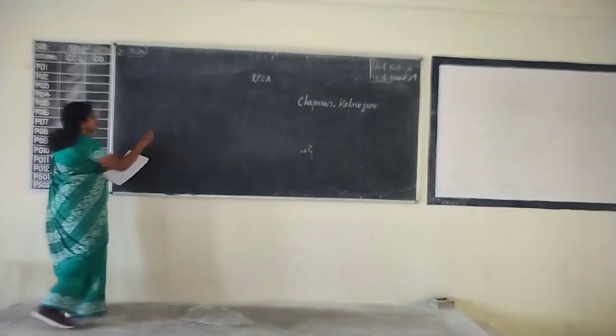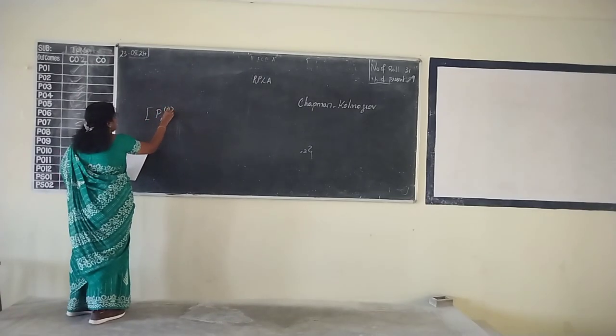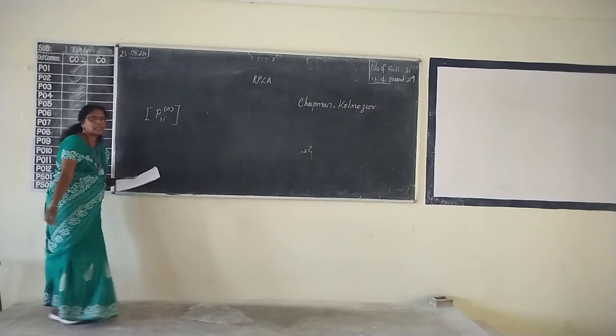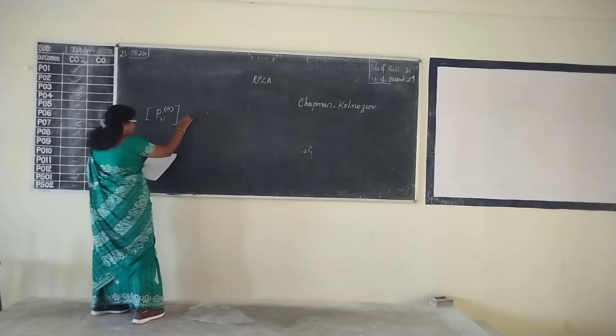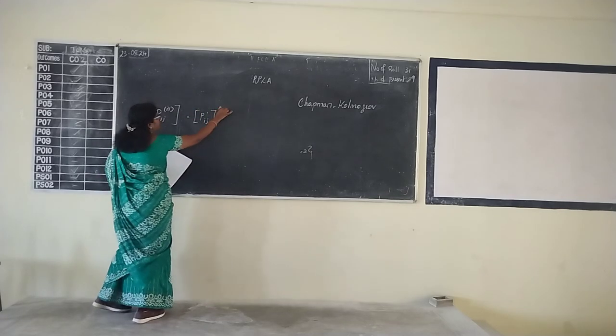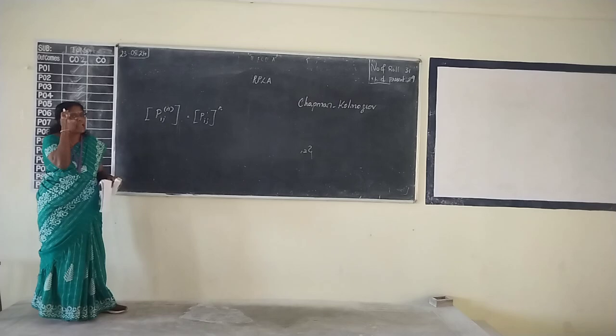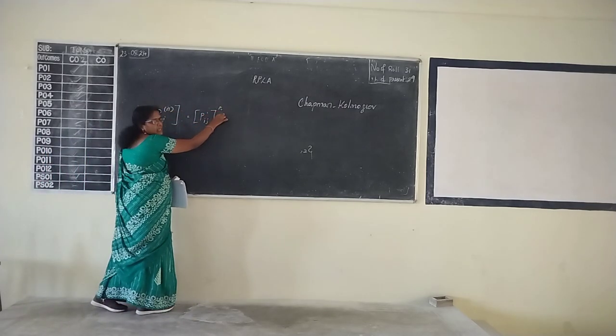That is, Pij of n, the n step TPM matrix, another notation for matrix, will be the same as Pij the whole power n. The n step TPM will be nothing but the nth power of the TPM matrix.